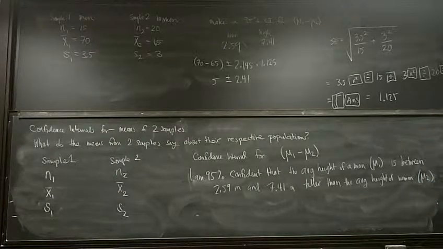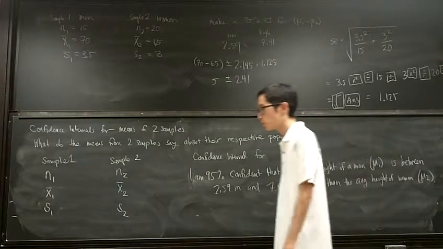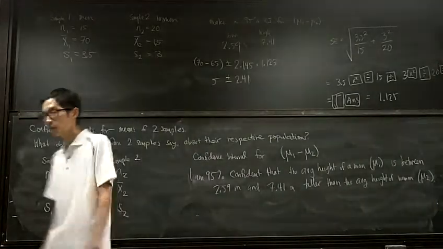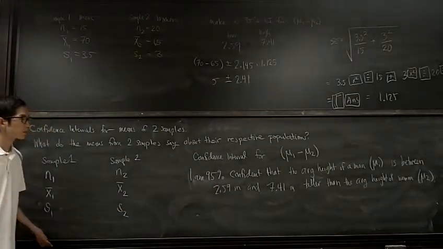Okay? So I was saying that the average height of a man is between 2.59 and 7.41 inches taller than the average height of a woman.